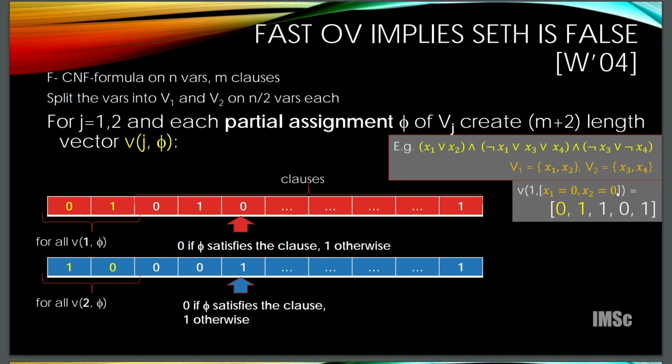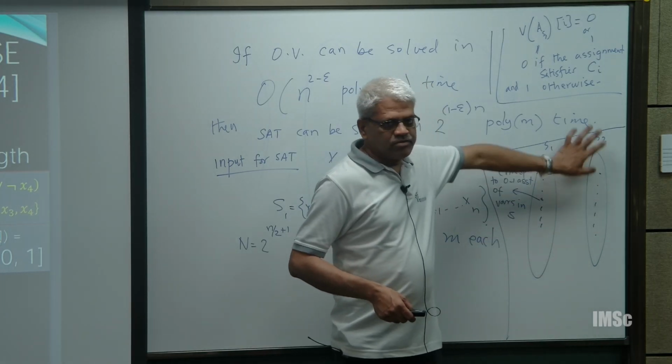Exactly. Okay, good. So, let me try and repeat again what was said. What are we trying to do? Given an input for SAT, I am trying to construct a set of vectors. This is where I said our reduction is not polynomial time, because we are going to take exponential time. So, there is one vector corresponding to every assignment of these variables and one corresponding to every assignment of these variables.